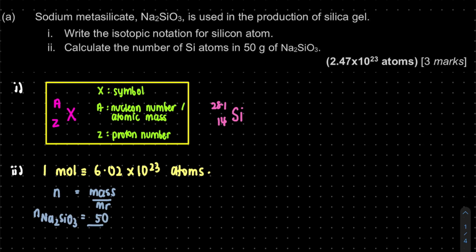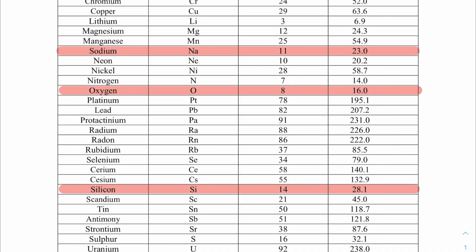How do we find out the molar mass? The molar mass is from the list of constant. So let's look at it. We have Na2SiO3. For the sodium, the molar mass based on the list of constant is the most right hand side, so sodium is 23.0.